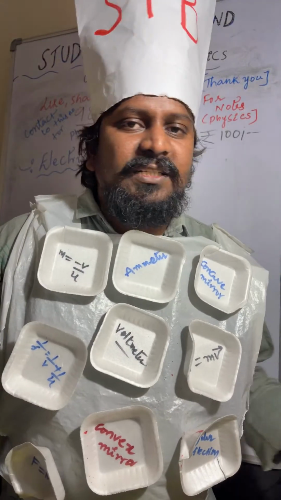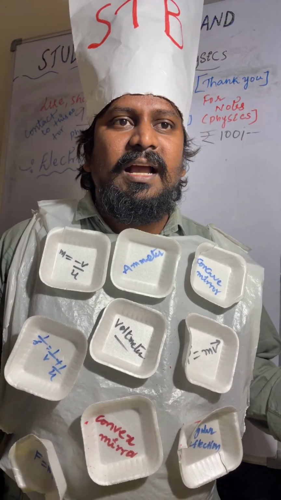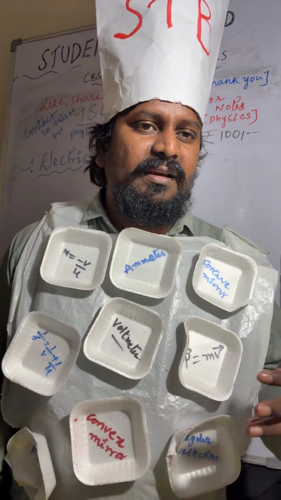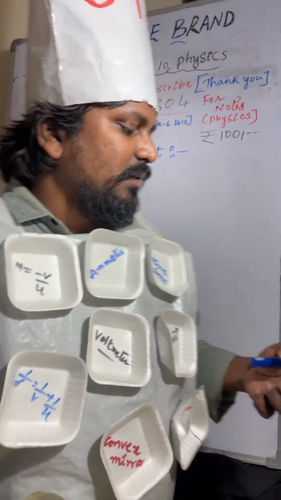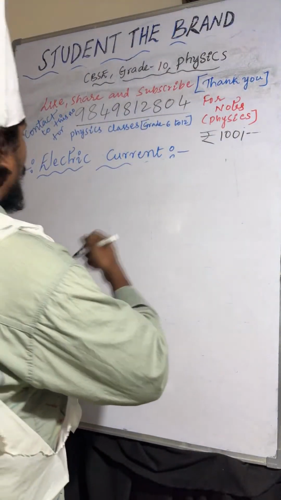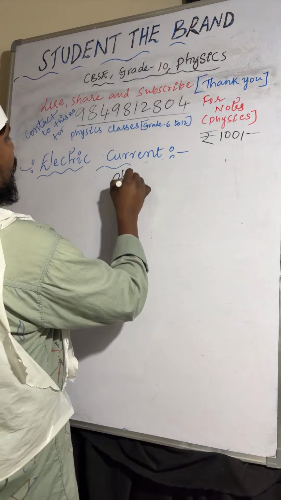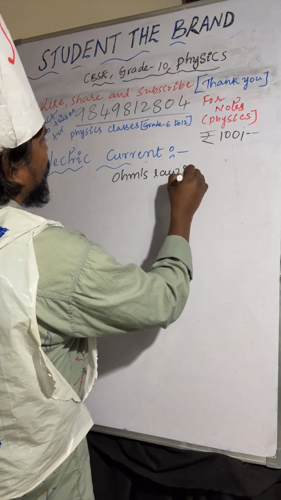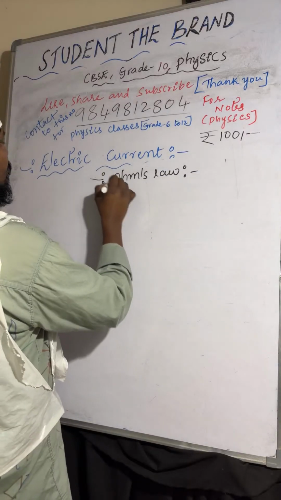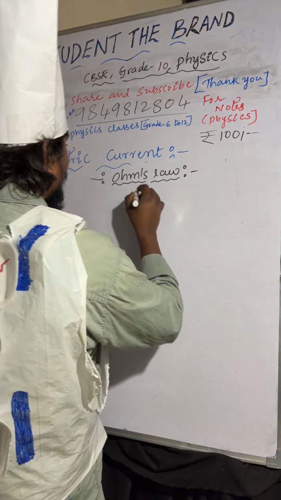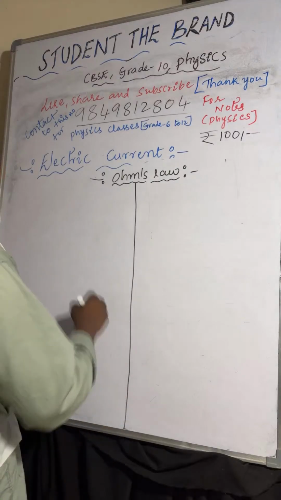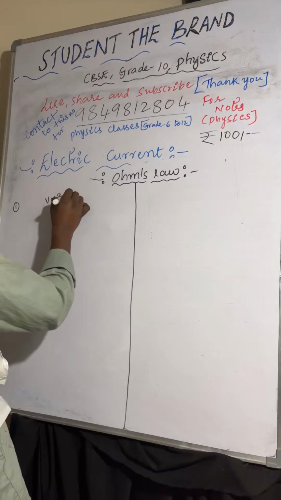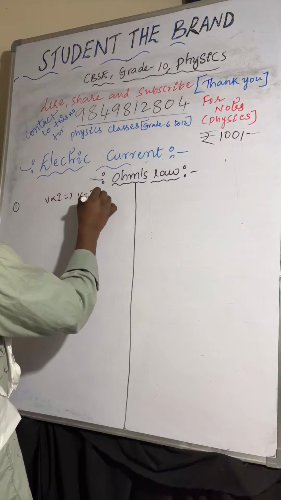And the materials required, the circuit diagram, and next the procedure and tabular column, all those points we'll discuss now. So you can see Ohm's law: V is directly proportional to I, V equal to IR.